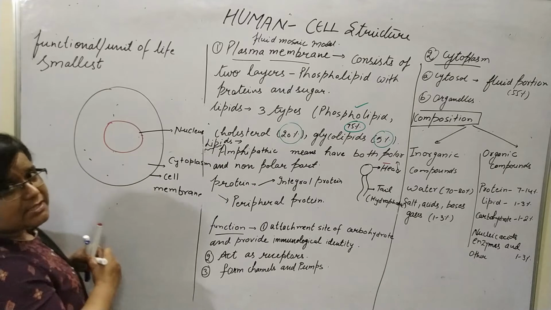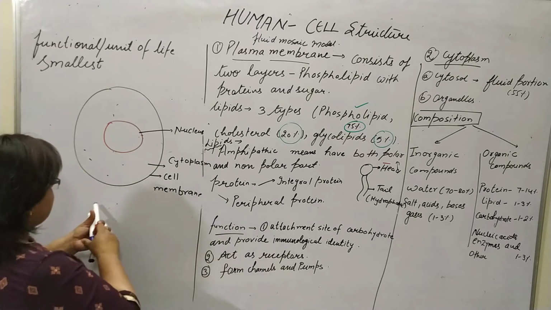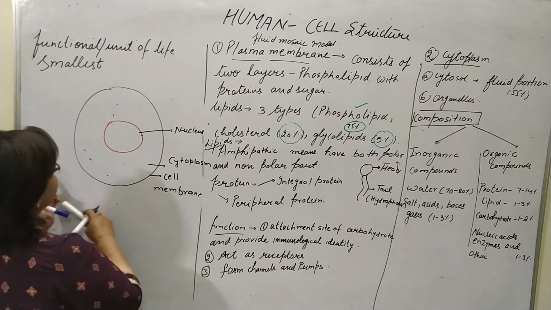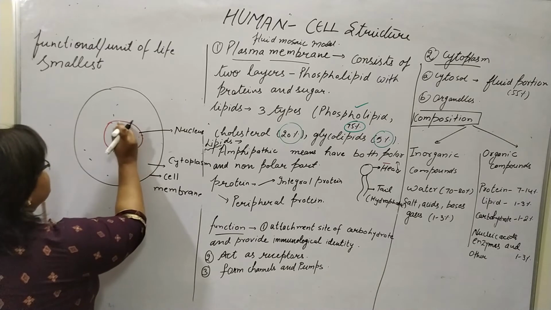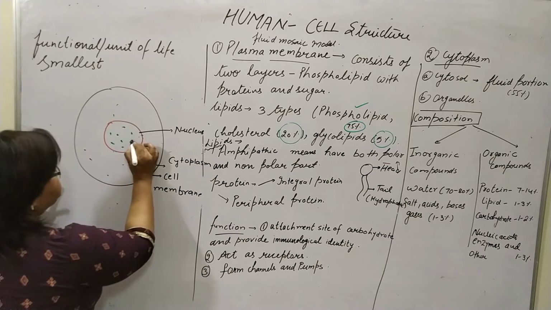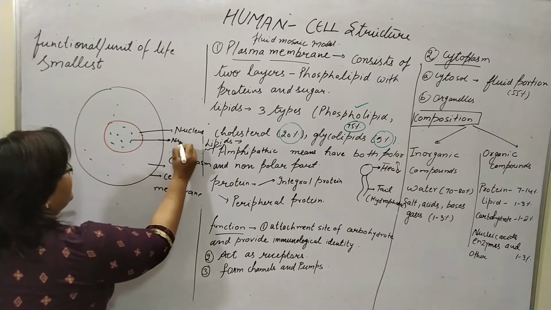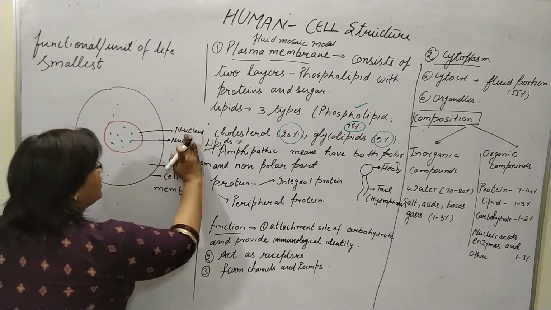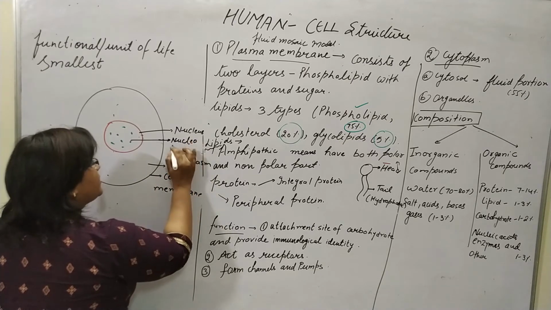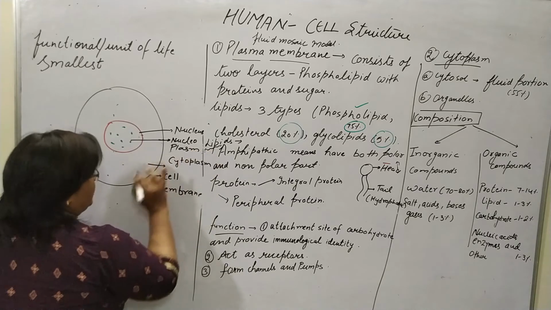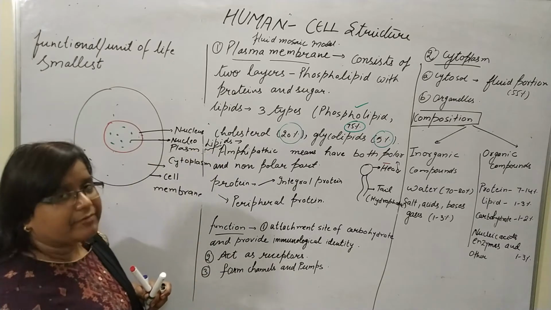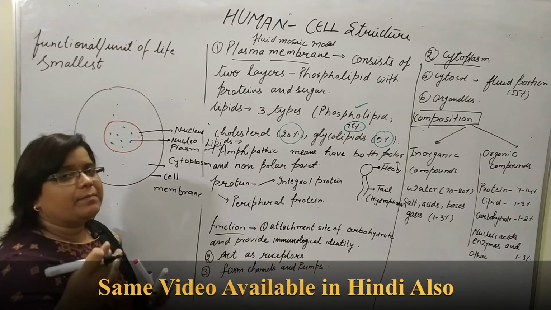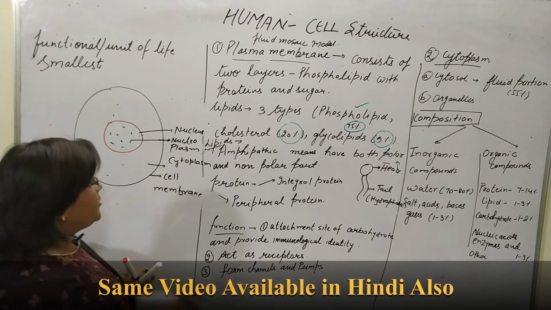In the nucleus, the liquid part is known as the nucleoplasm. In biology, the word plasma represents the liquid part: the liquid part in the cell is the cytoplasm, and the liquid part in the nucleus is the nucleoplasm.